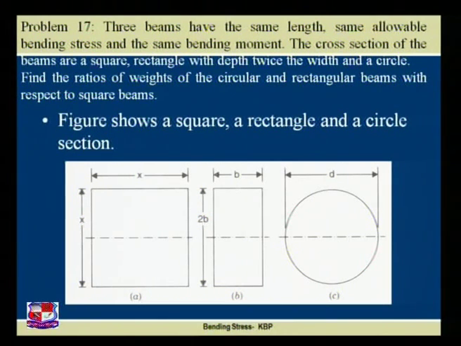The cross sections of the beams are square, rectangle with the depth twice the width, and a circle. Find the ratio of weights of the circular and the rectangular beam with respect to the square beam also.